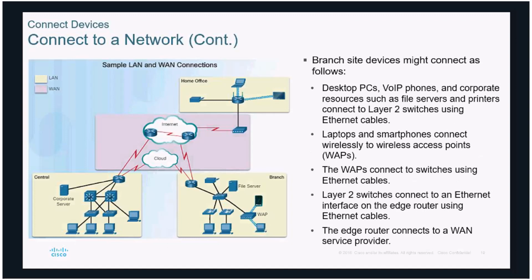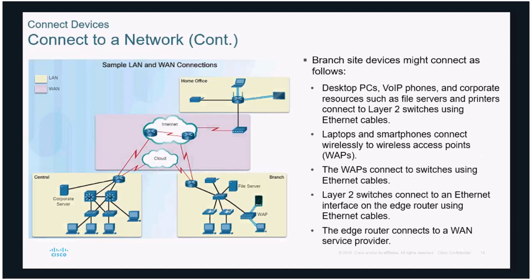Now, working with a branch instead, so we did the branch office. This is a mixture of PCs, VoIP phones, corporate resources, file and printer servers connected to a switch, all Ethernet. Laptops and smartphones connect to a WAP, a wireless access point connected to the switch, so your tablets and wireless devices connect to it.